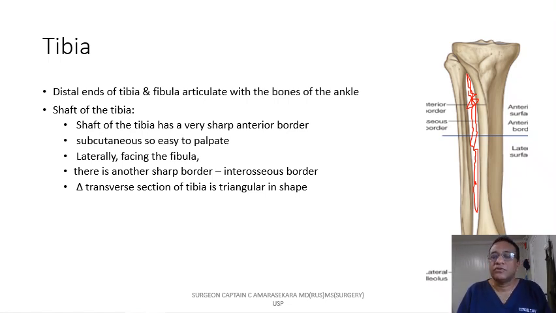Now we have come to the end of this slide. We have discussed the basic features of the tibia. We'll go to the next slide and take a closer look, where we can discuss these anatomical landmarks more precisely.